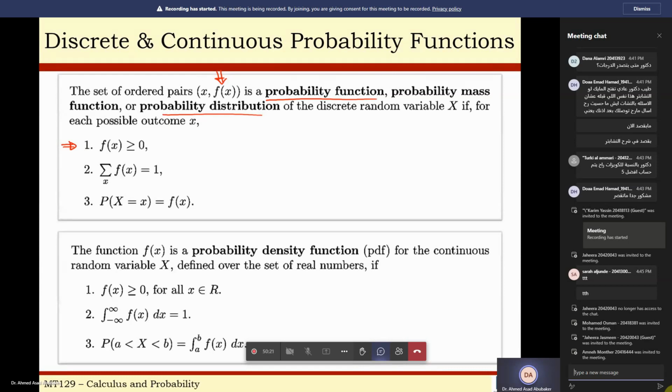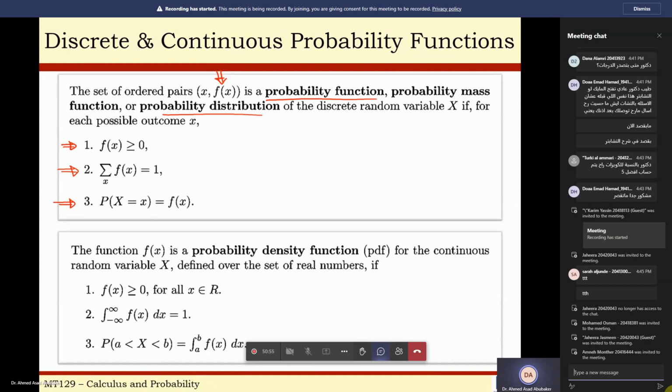The probability must be between 0 and 1. The summation of all probabilities of the experiment must be equal to 1. And the probability of any specific value x equal to small x is f of x.